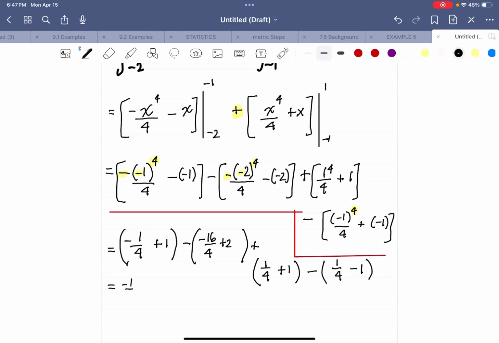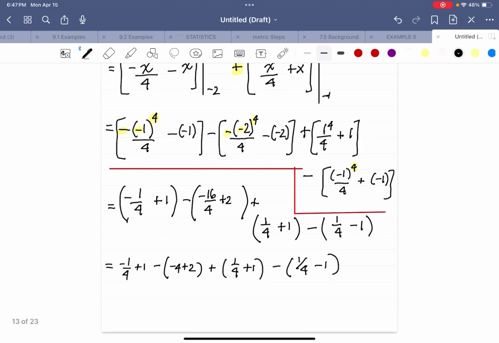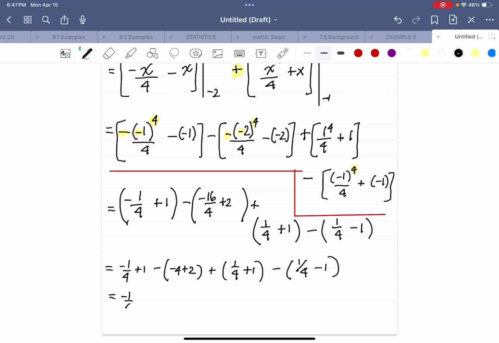So negative 1/4 plus 1 minus negative 4 plus 2 plus 1/4 plus 1, and here I got to be careful, it's minus 1/4 minus 1. So it's negative 1/4 plus 1, now look, negative outside, plus 4 minus 2, plus 1/4 plus 1, minus 1/4 plus 1.